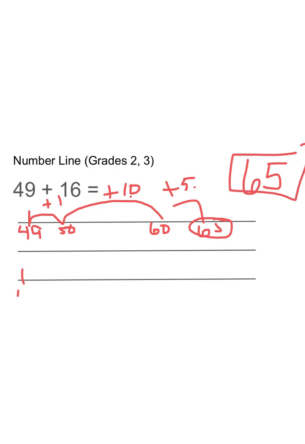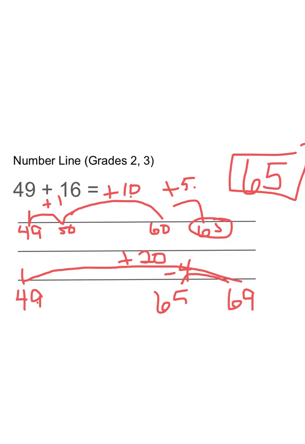They might do 49, and they might say 16 is pretty close to 20, so I'll add a 20 and get to 69, and then I will subtract 4 because I added too much. So 69 minus 4 is 65.